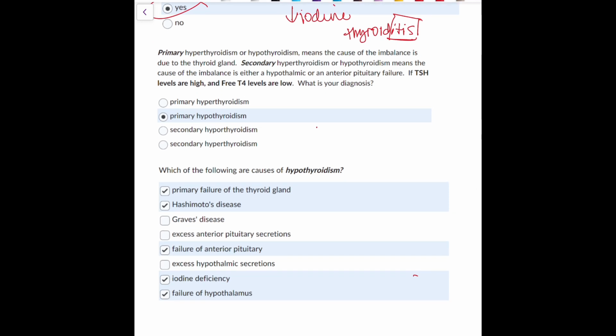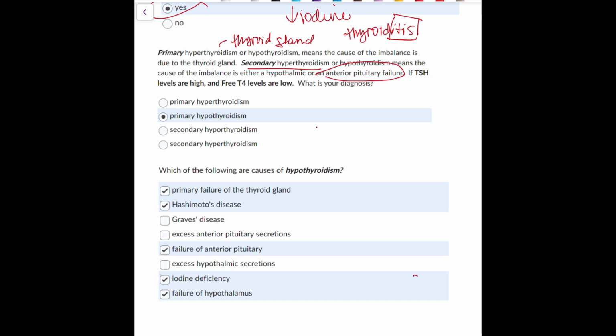The next question asks, is this primary hypothyroidism, meaning a thyroid gland issue, or is it secondary hypothyroidism, meaning an imbalance up the chain of command? Usually secondary is going to be due to the pituitary gland failing.